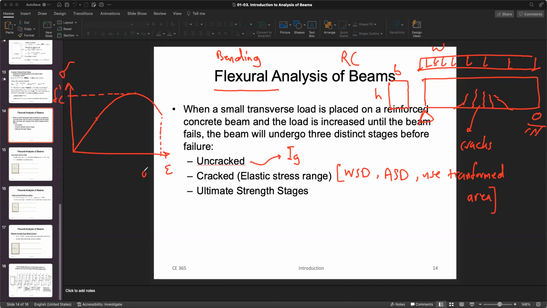If you remember, we said at the strain of 0.003, we would assume the concrete would fail, would crush. So the linear region would be here, as we discussed, and maybe the elastic region would be a little bit larger.